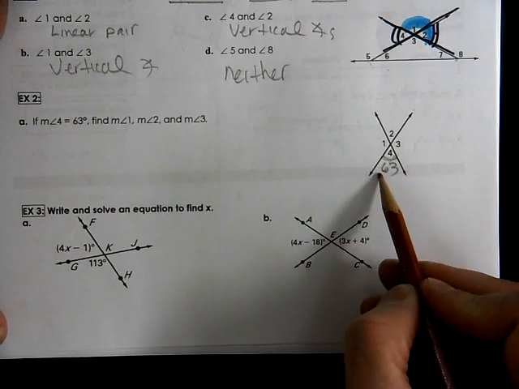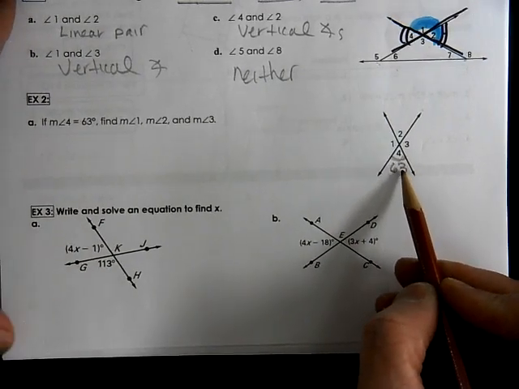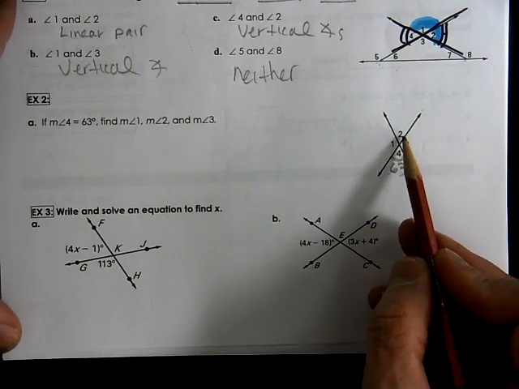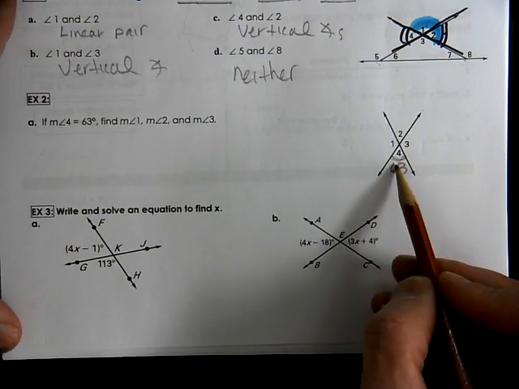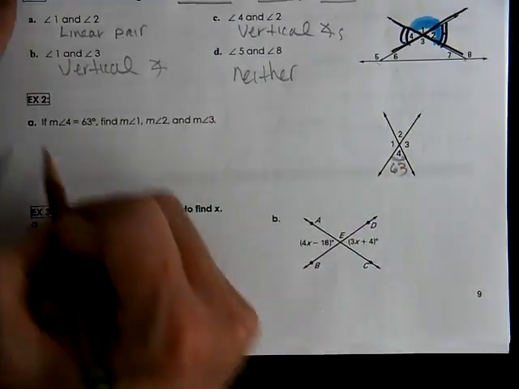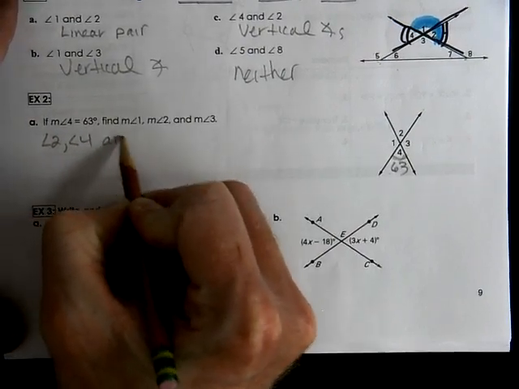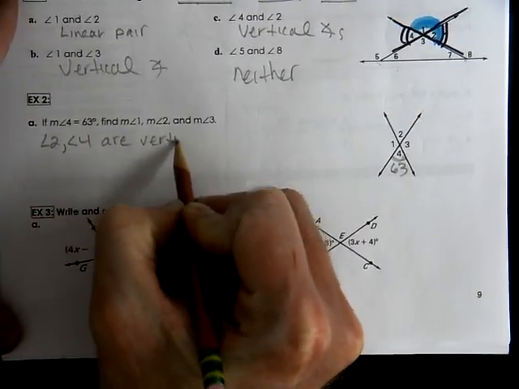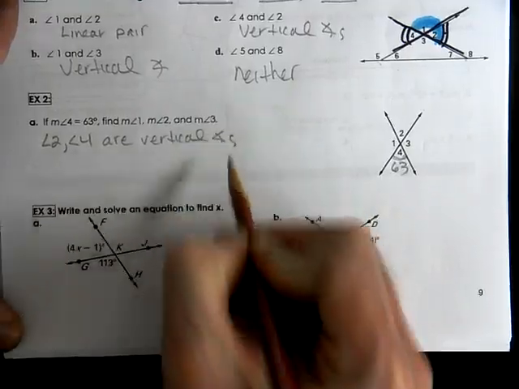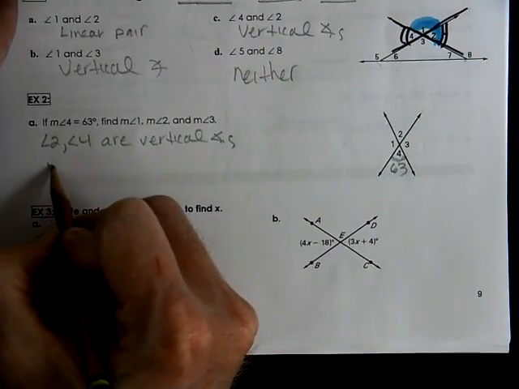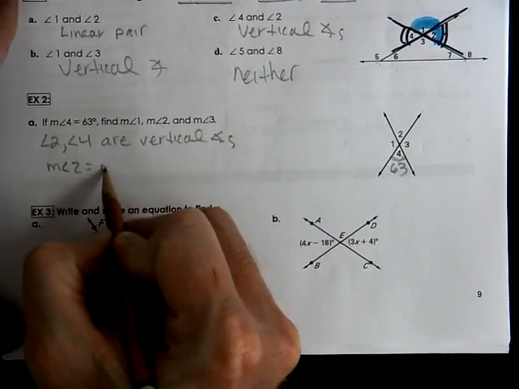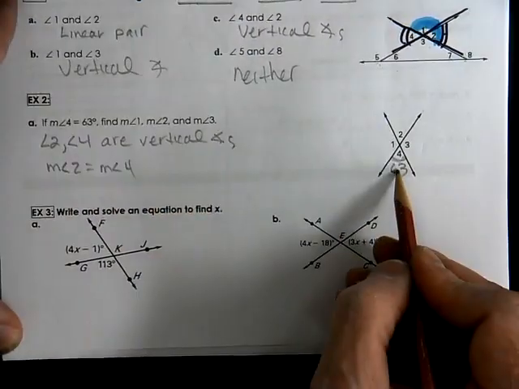Here we see that angle 4 is 63 degrees. I know that angle 2 is just like angle 4. Angle 2 and angle 4 are vertical angles. So I know that the measurement of angle 2 is going to equal the measurement of angle 4.